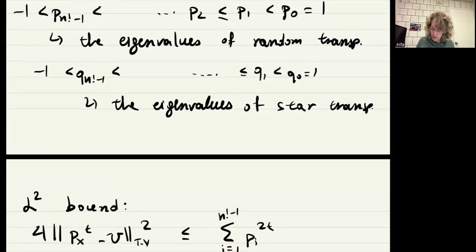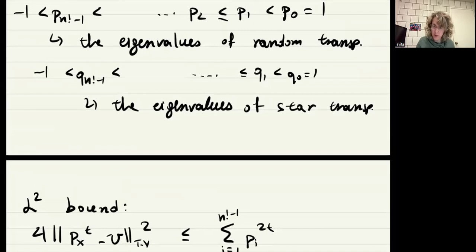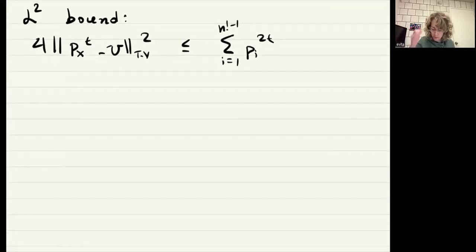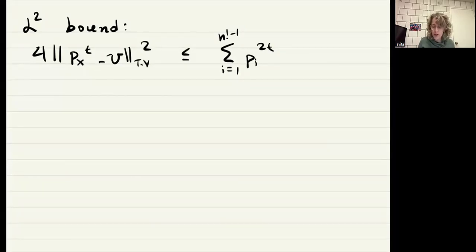So remember, the biggest one was 1, that gets excluded. Good. Usually, this is true for random transpositions and star transpositions. For more general Markov chains, you do need to include also the eigenfunctions over here. There's an extra term, but no need for us to do that.